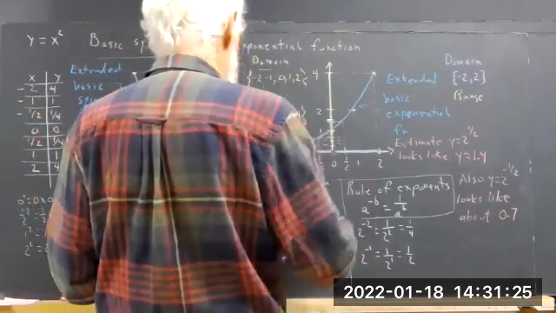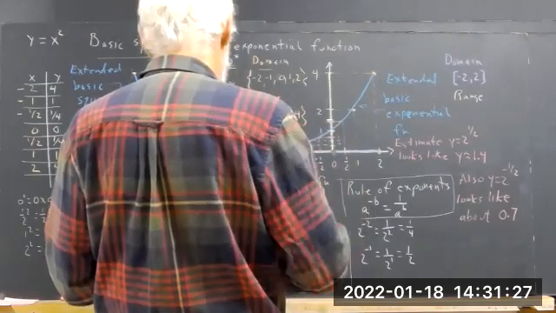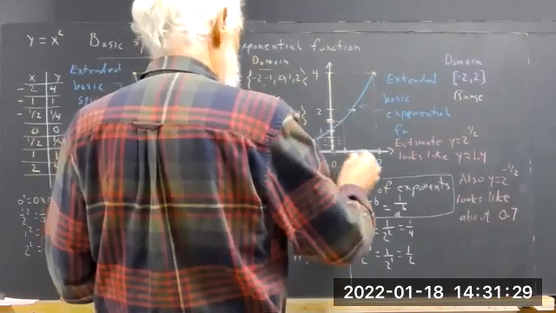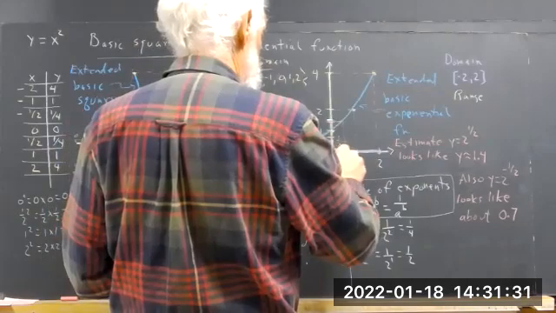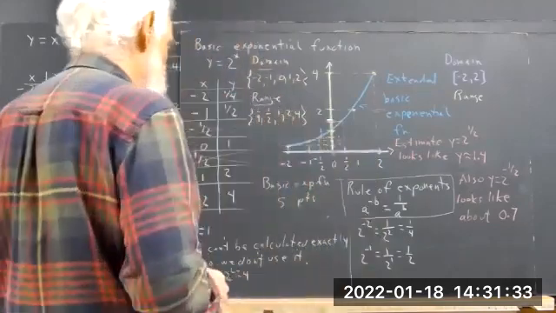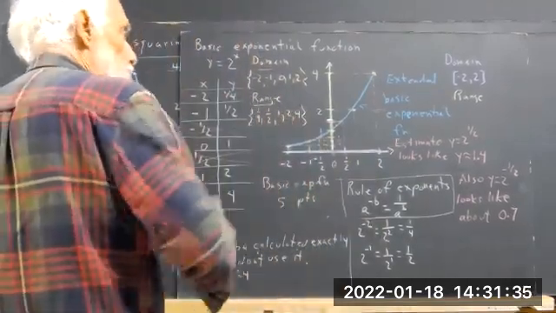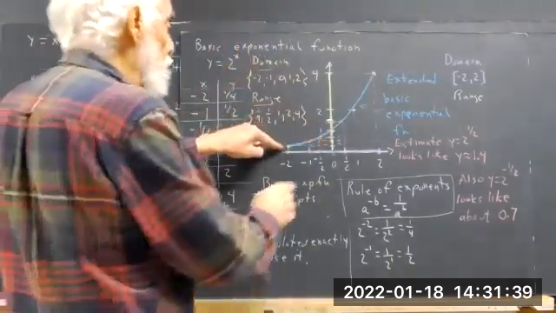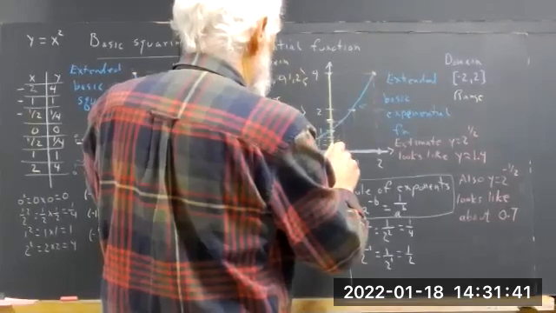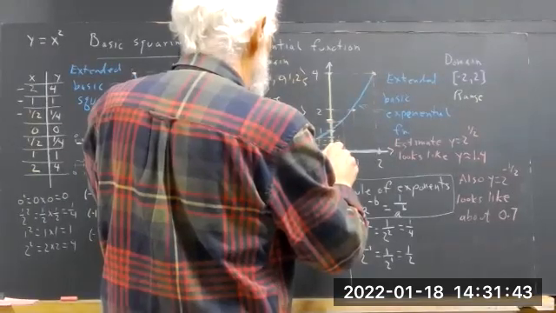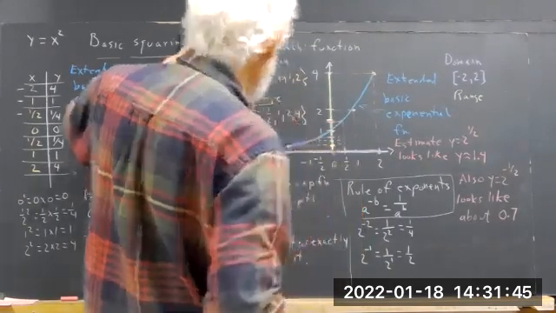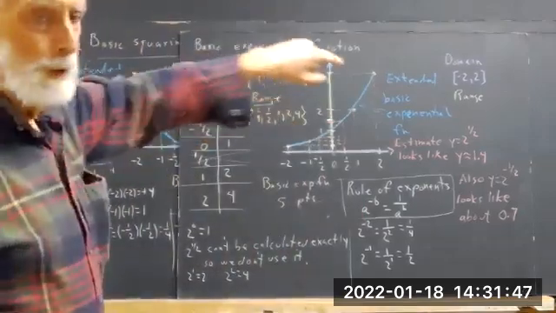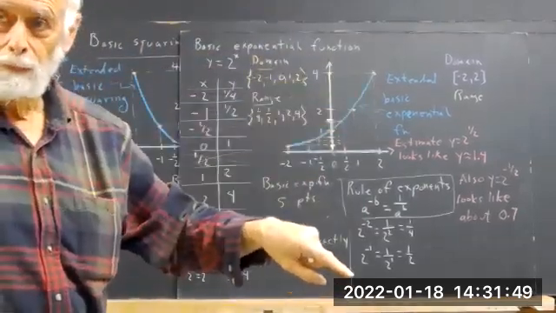The y-axis does come down to here. Now the range comes down to 1/4. There are no y values less than 1/4 on the extended basic exponential function.